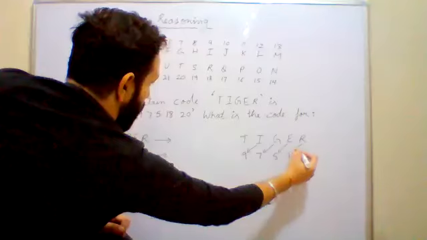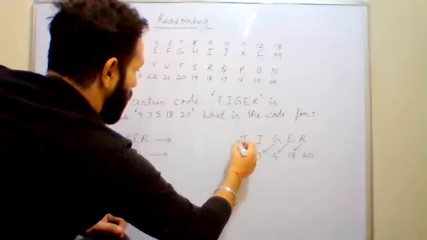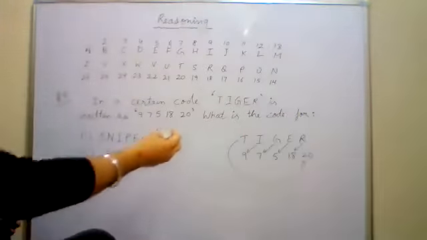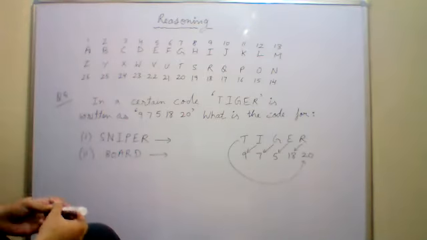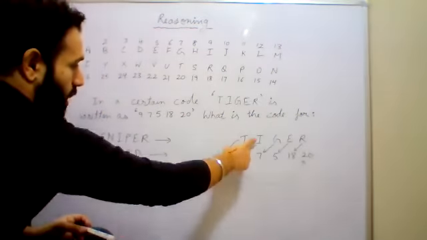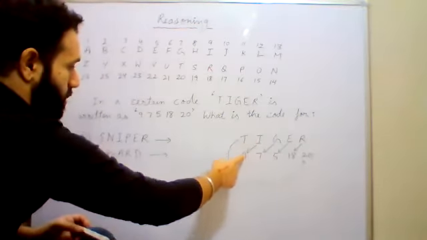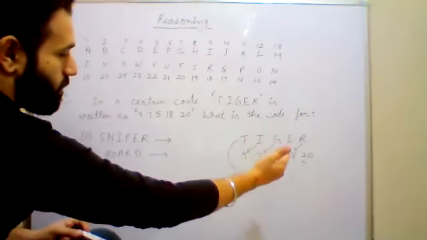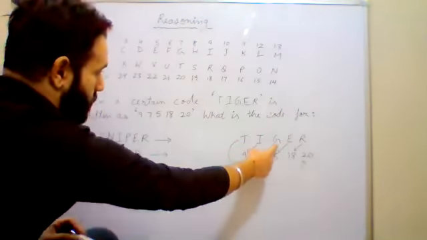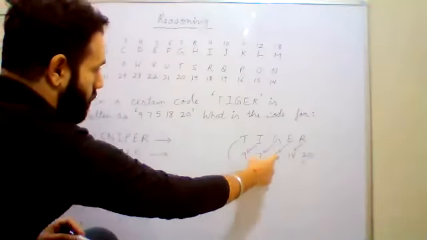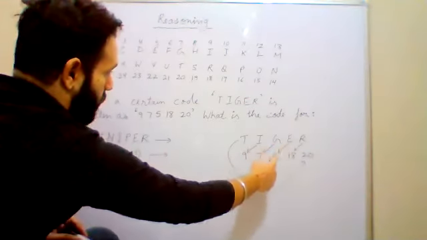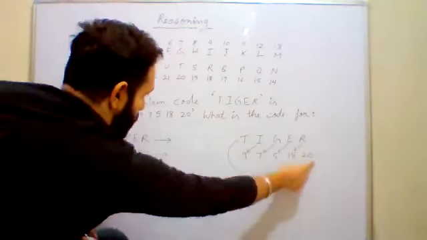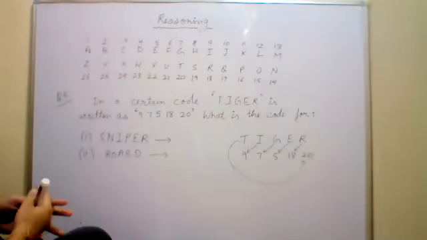Yes, sir, I have sent sniper also. Very good. Have you understood how it is done? Yes, sir. Numerical equivalent of I is 9. We have shifted it by one. What is the code of G? 7. E is 5, shifted. R is 18, and T was moved to the last, 20.